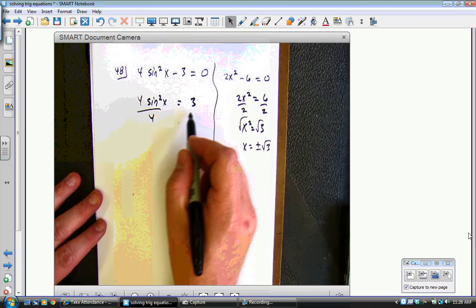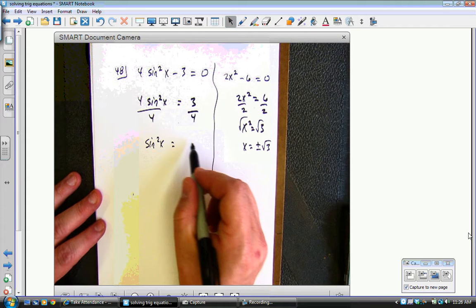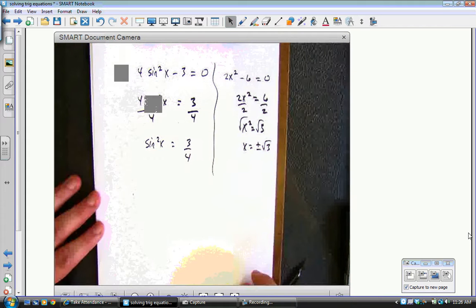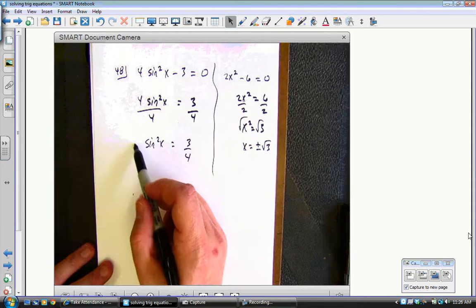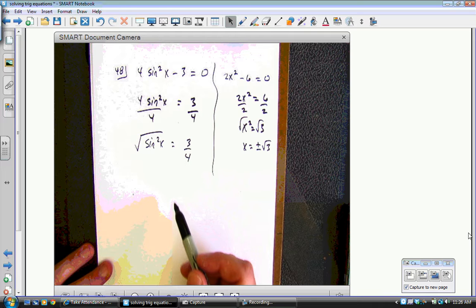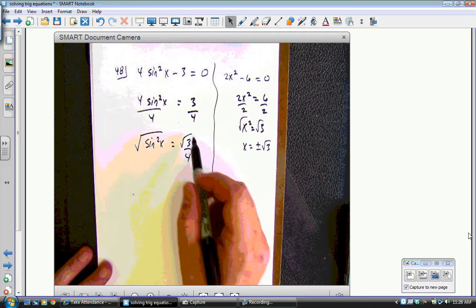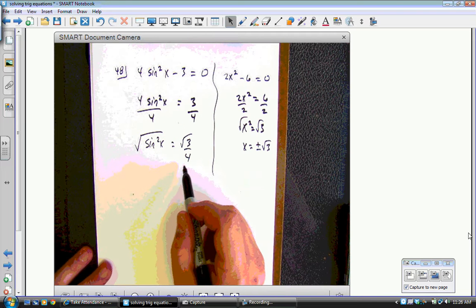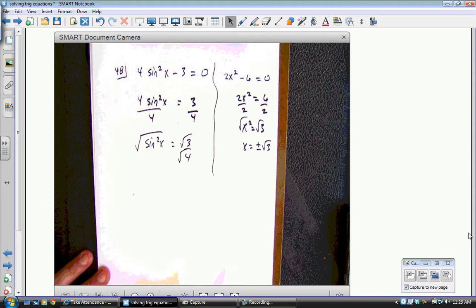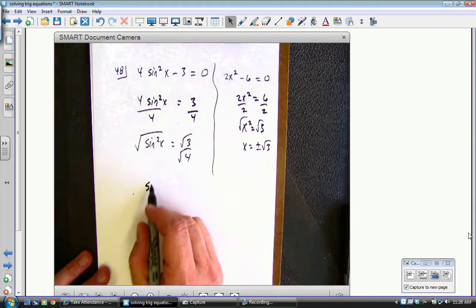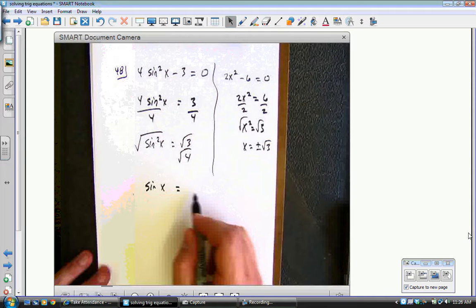So we'll get sine squared x equals 3/4. And then square root. Now we got to do the square root of a fraction. So I'm going to get mad and cry and go home? No. I'm going to do the fraction. Just do the numerator and the denominator. And it works out pretty good in the denominator, because that's just going to be 2. Oh yeah, square root of 3 in the numerator.